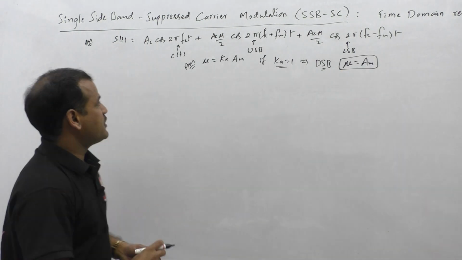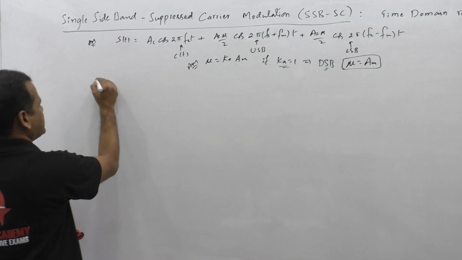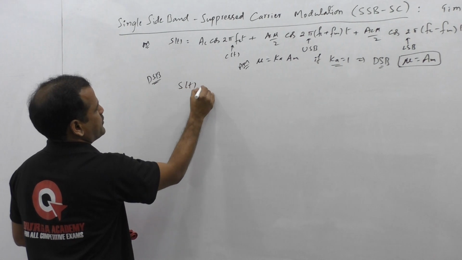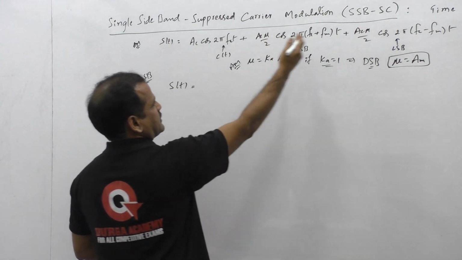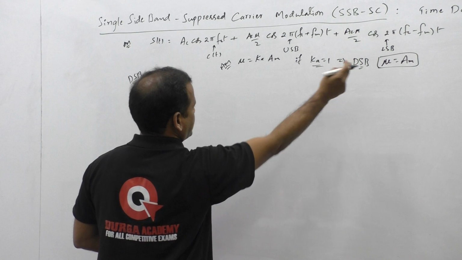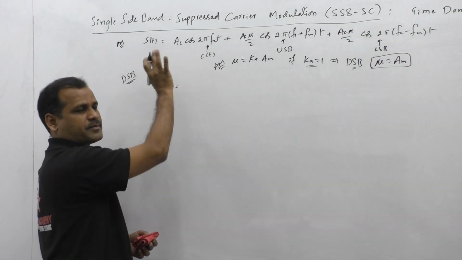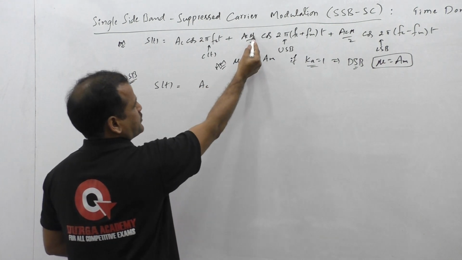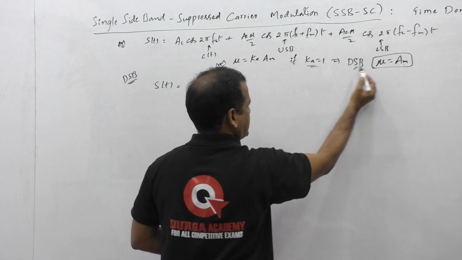Then for the DSB signal, the carrier should be suppressed in DSB-SC modulation. Only two sidebands exist. So in the time domain expression for the DSB, both upper sideband and lower sideband are present, and the carrier is suppressed. Let us take Ac, and this mu we are representing with Am in DSB.